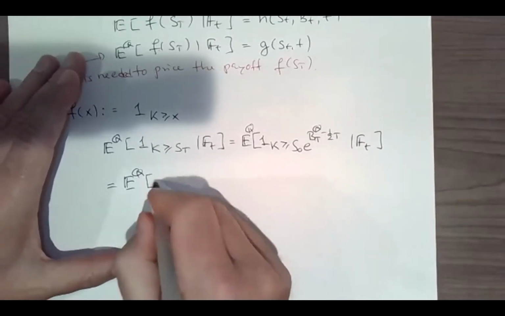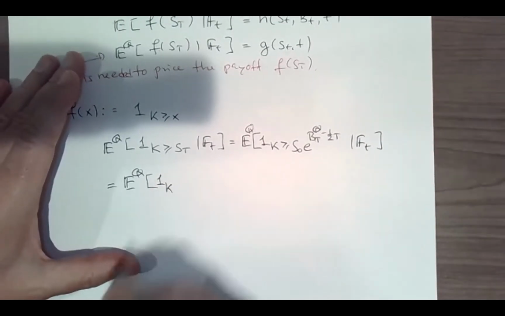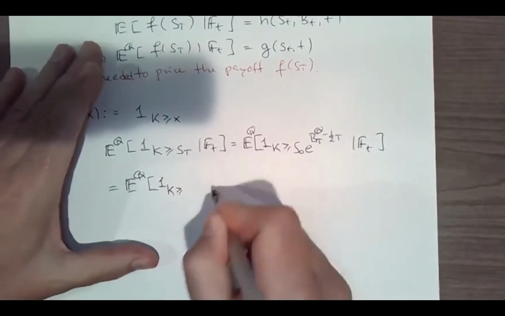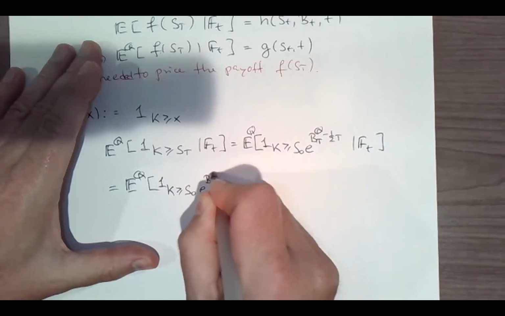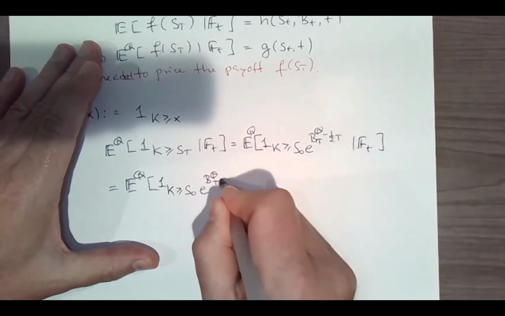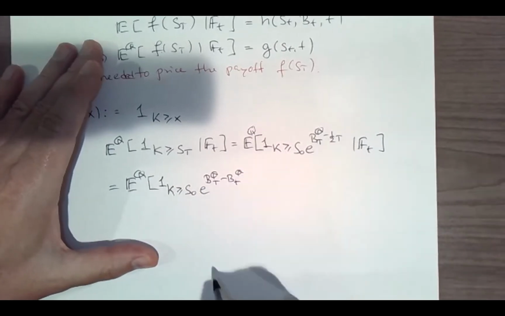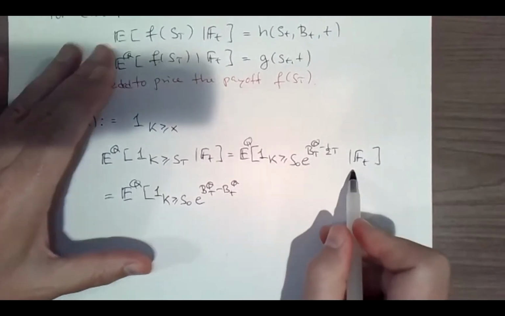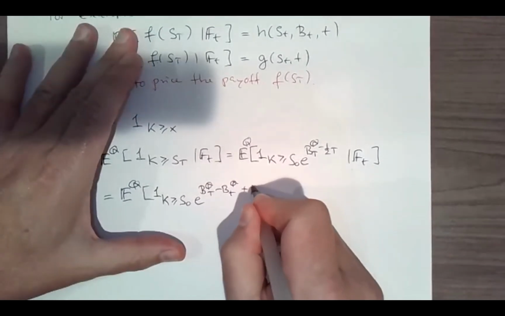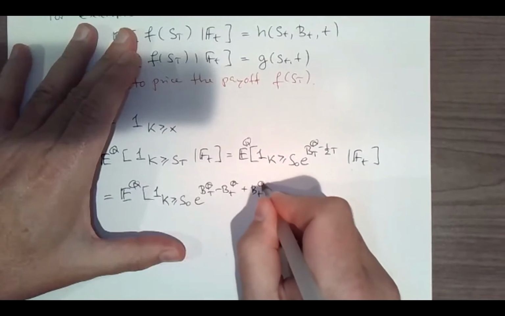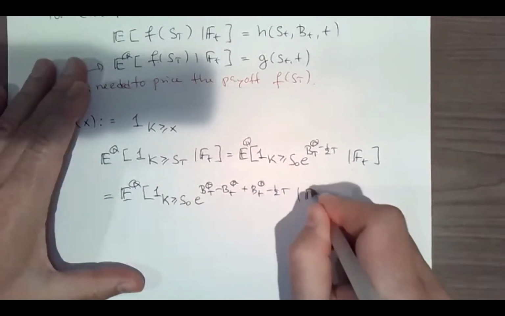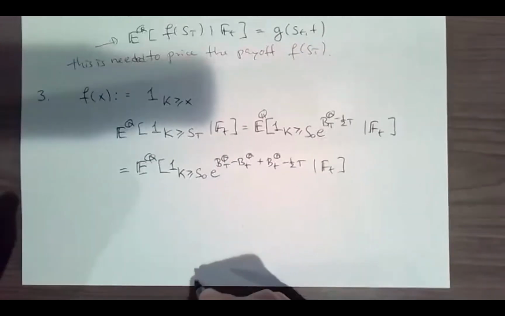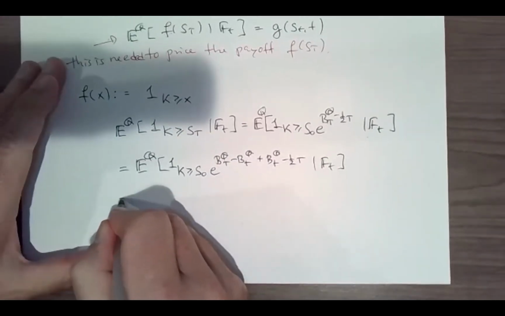So you add and subtract the same thing over here. You're going to get k bigger than this S0 e to the b q t, and then we have a little t. Now we're going to get independence. But I should also add it back up. I need to make the equality sign be true. And then we condition on Ft. So comes the time when we use the independence lemma.